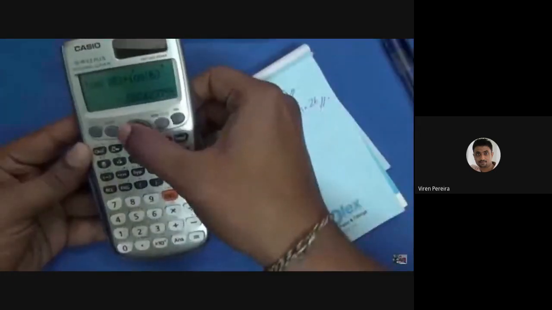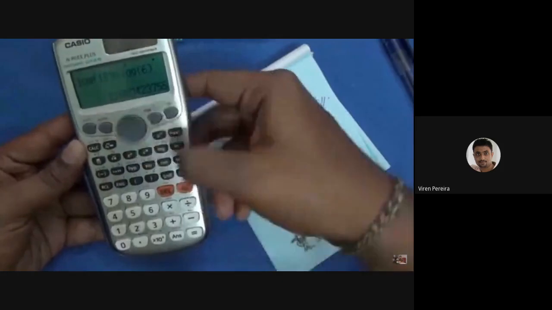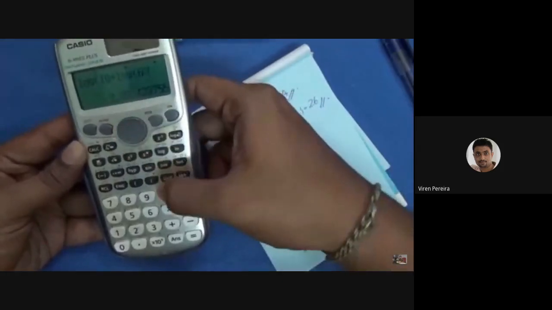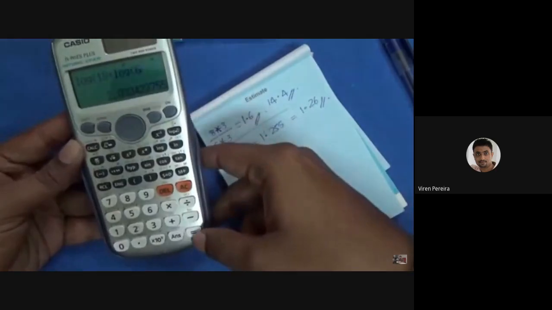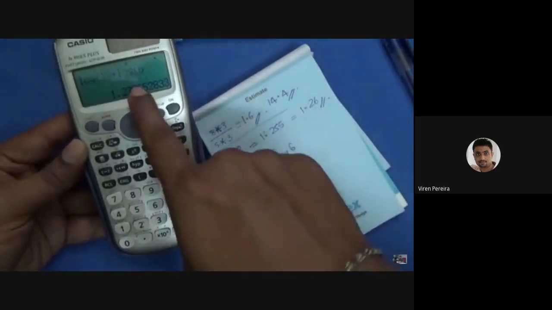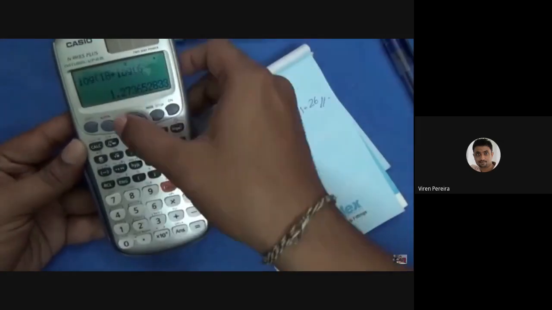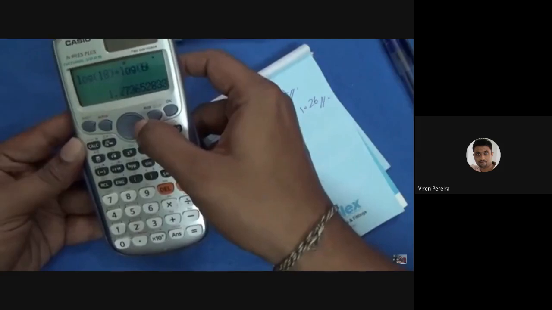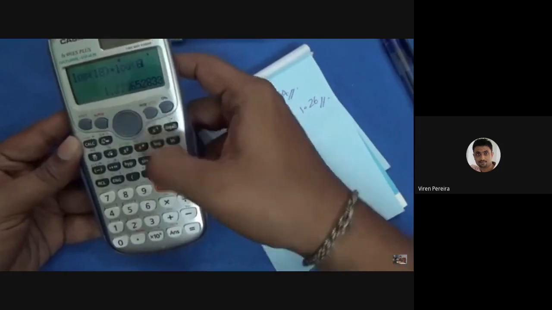If this bracket wasn't there, then you would get a different value, which is basically wrong. So as I told you, brackets play a key role.